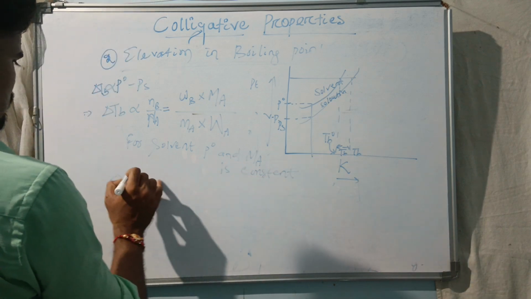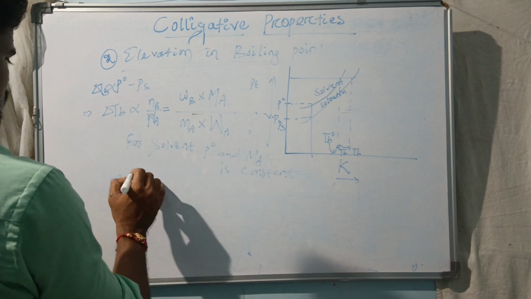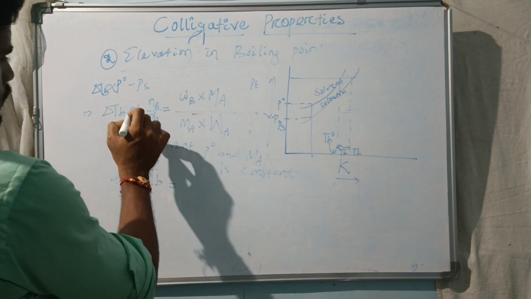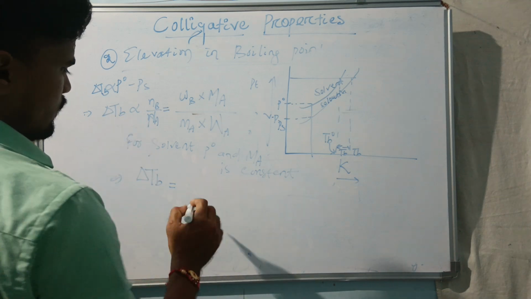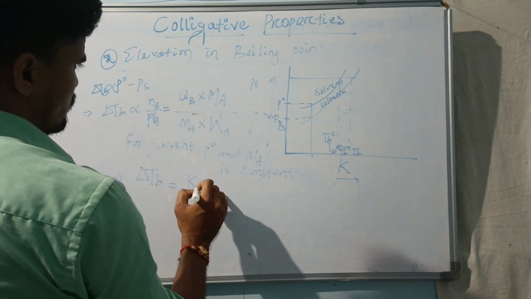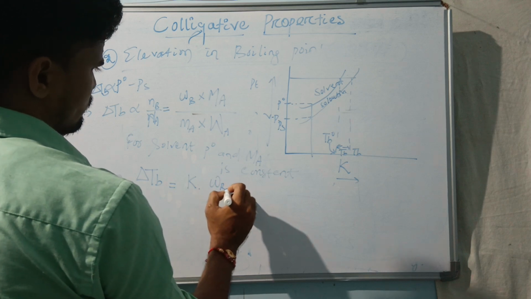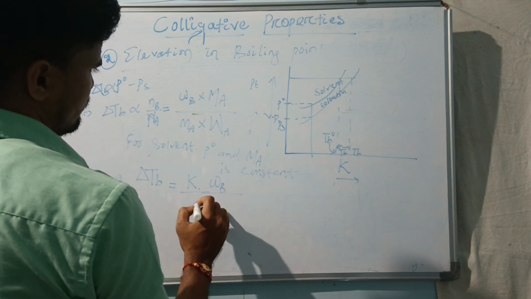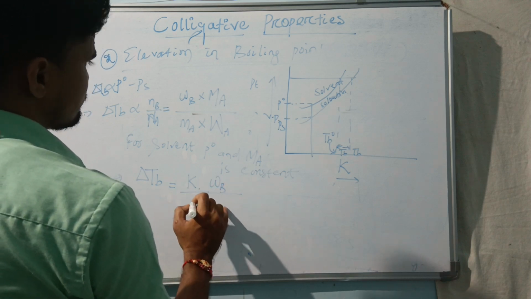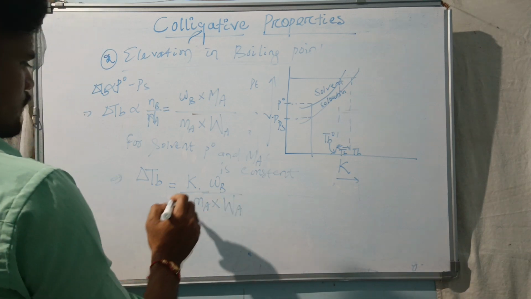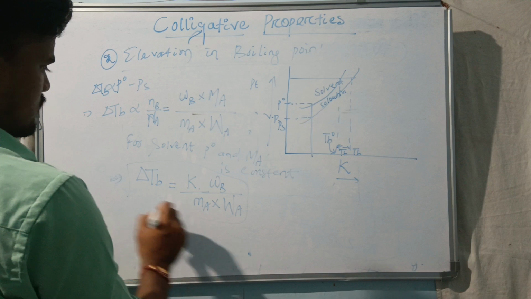So now delta TB is equal to, if you remove the proportionality, whatever constant comes, K into WB divided by MA into WA.